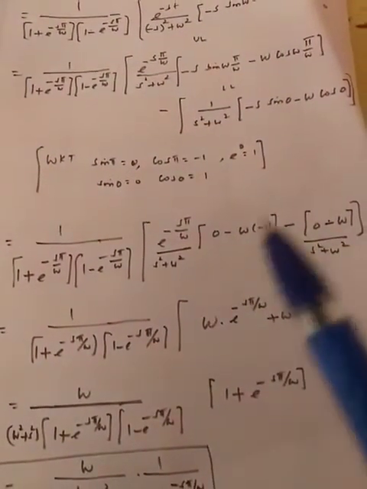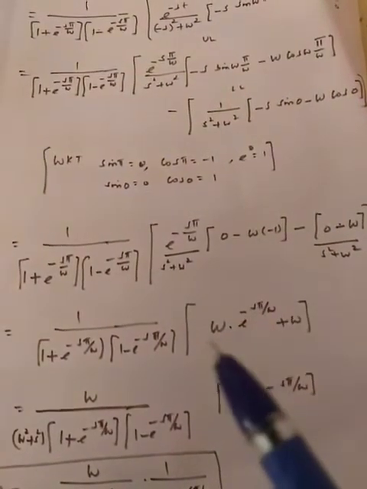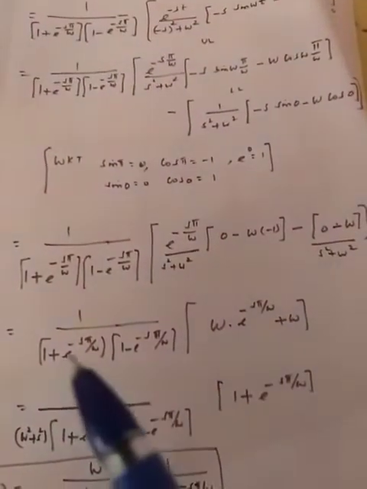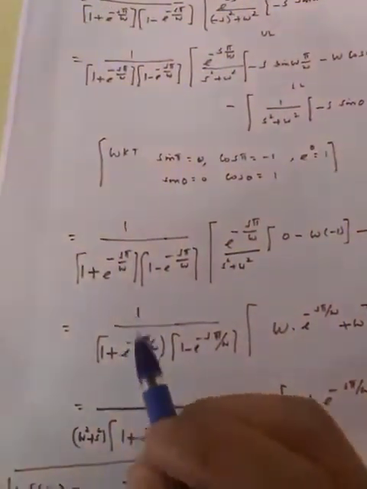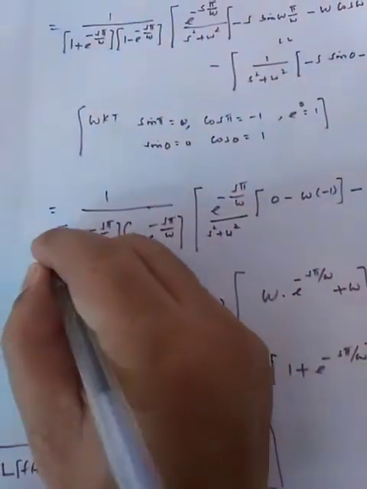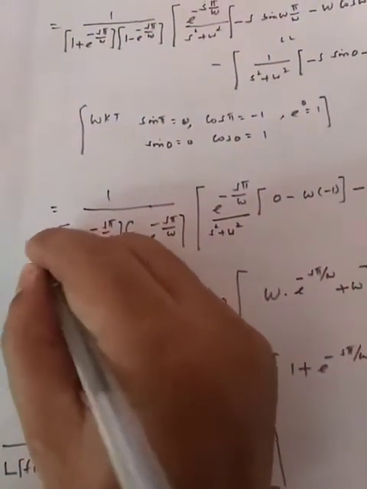Now I am going to simplify this. Minus into minus, plus omega into this term. Plus, minus into minus, plus omega. The denominator s square plus omega square, I am taking it outside. So take it outside.